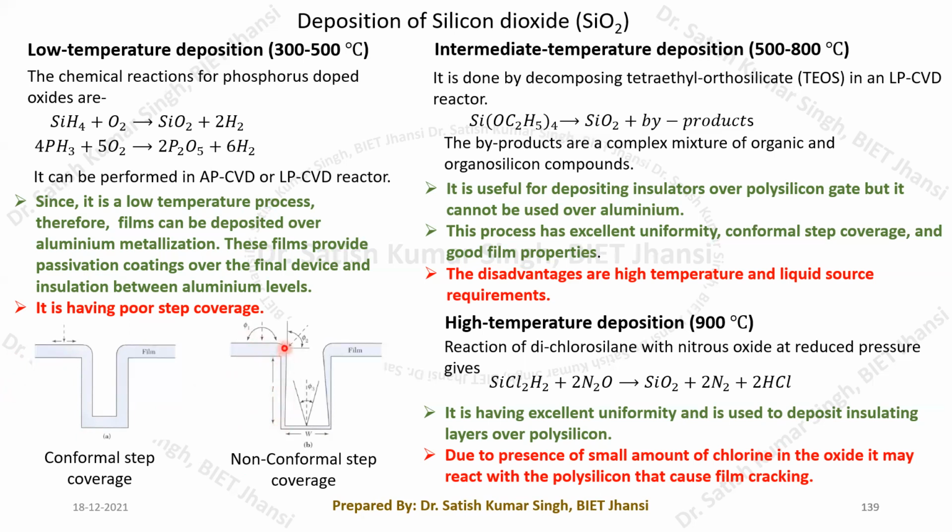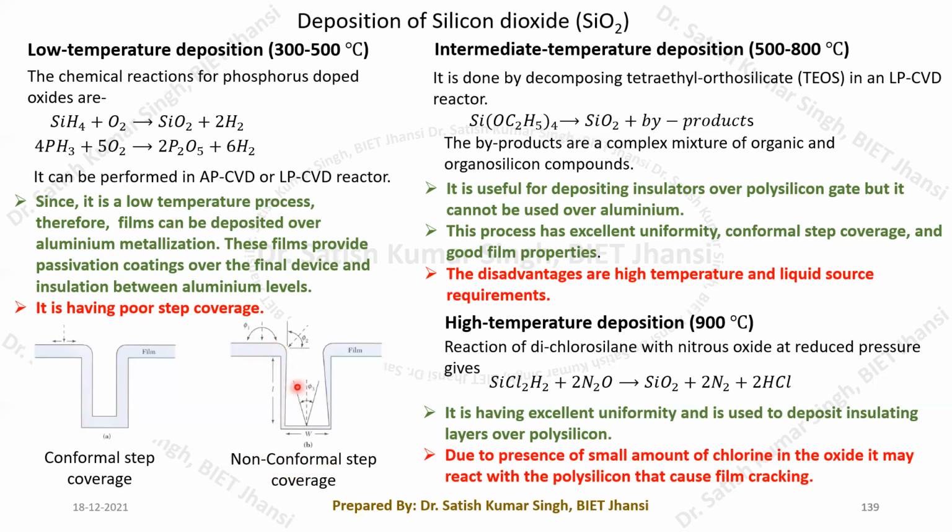As we go from top to down, this thickness is actually changing, even at these particular edges. Here you can see that we have a different type of shape. So this is what we call non-conformal step coverage.